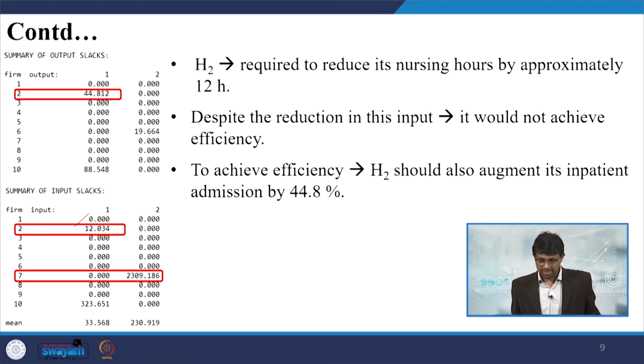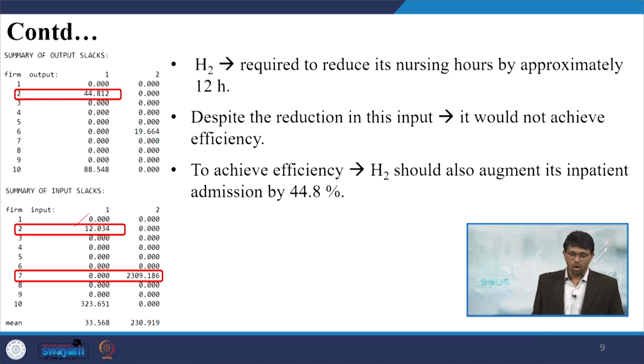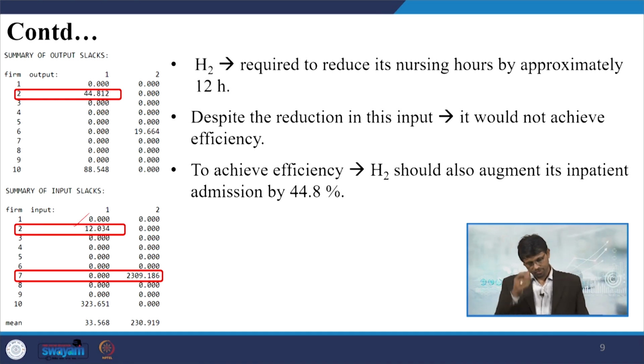Despite the reduction in this input, it would not achieve efficiency. To achieve this, H2 should also augment its inpatient admissions by 44.8%. So its output also has to be augmented. Just input reduction cannot reach it.